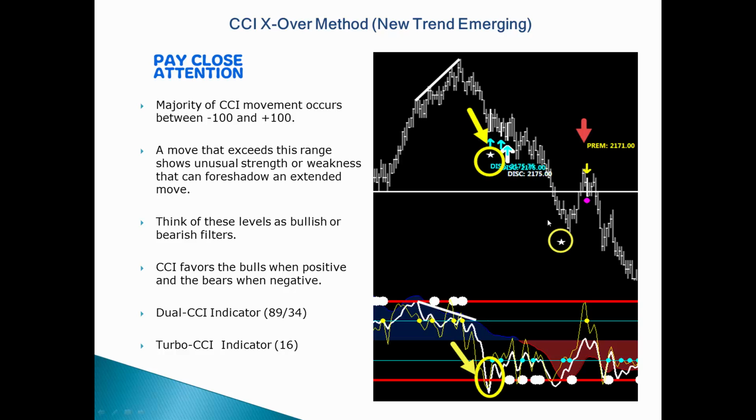So a new emerging trend with momentum, looking for a bounce in a premium condition. So this is a premium. Premium by definition indicates strength, and that strength is represented by the bounce here in price.